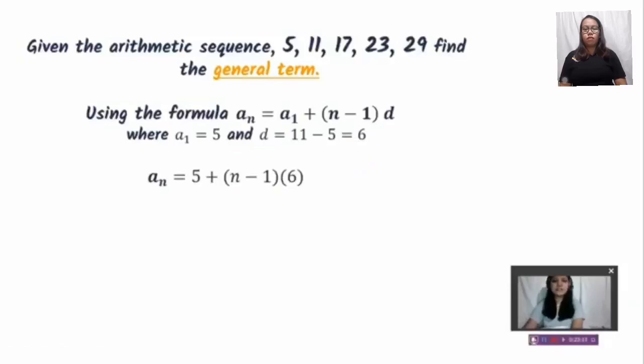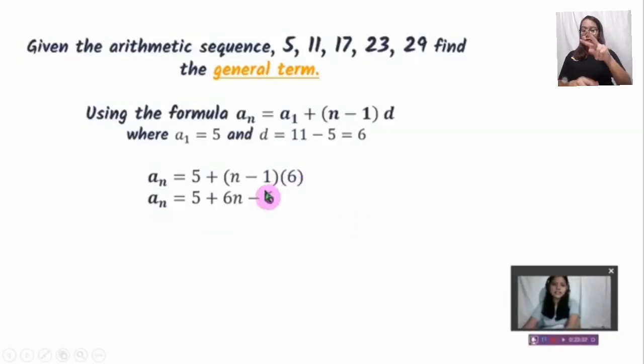Let's just substitute a sub 1 and d in the formula. So a sub n is equal to a sub 1, which is 5, plus, we will not replace the n, so that will remain the quantity n minus 1. Then substitute the d, that would be 6. Let's simplify.